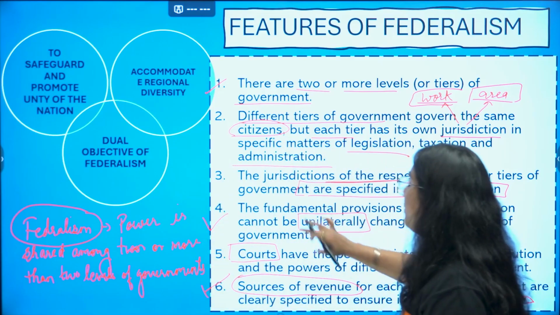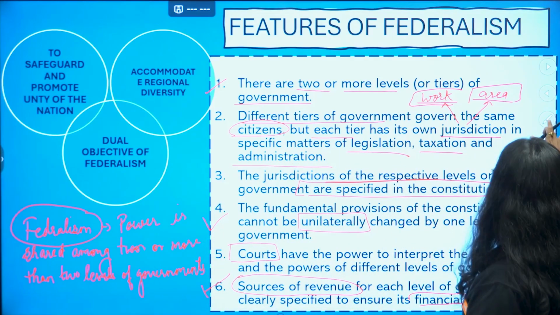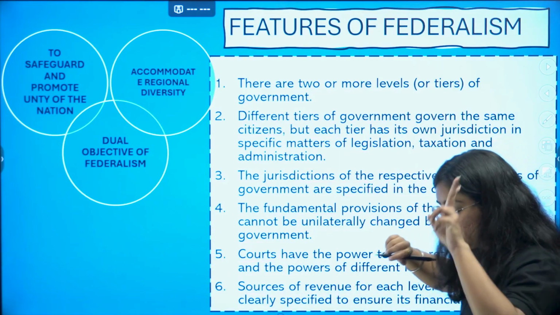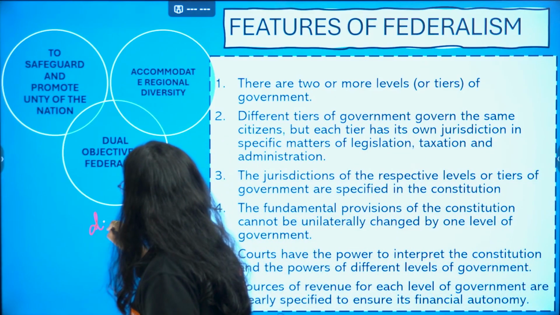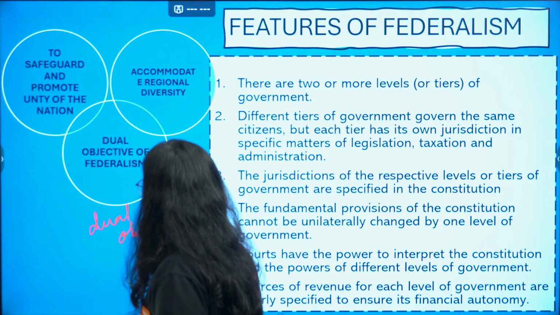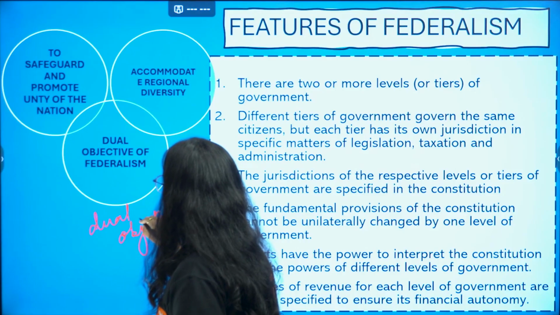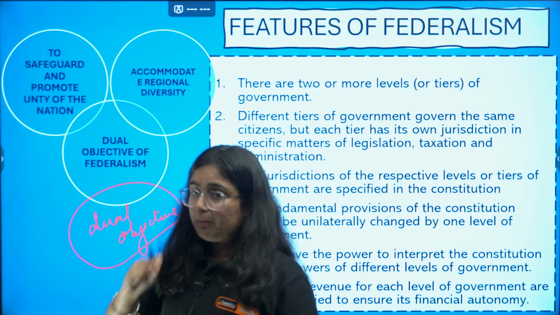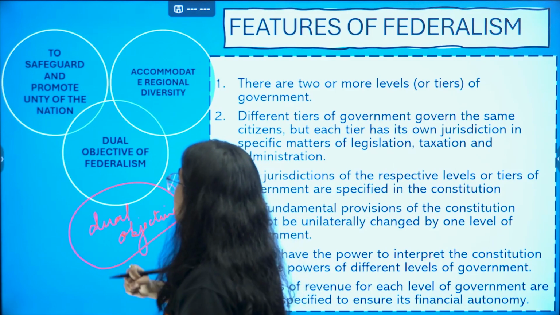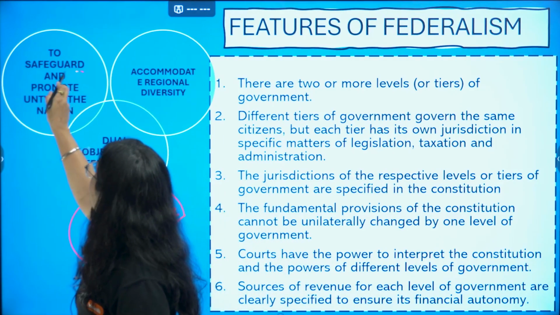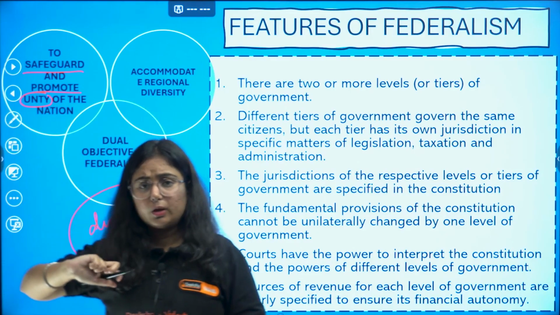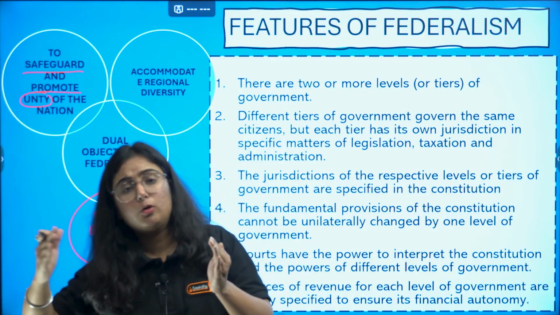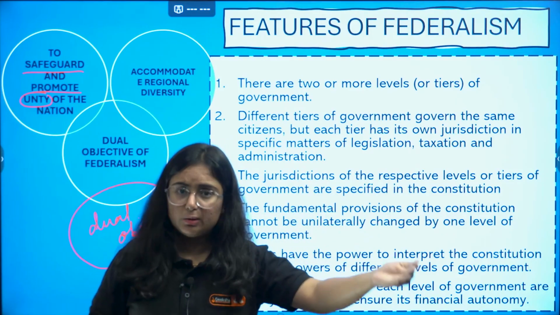Okay, the next one is, what is the dual objective of federalism? Again, a 2-marker question asked many times. What are the dual objectives of federalism? So by adopting federalism in the democratic structure, they safeguard and promote the unity of the nation, like it was done in Belgium.